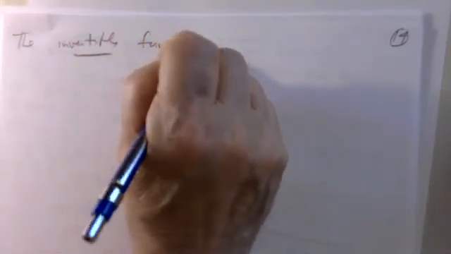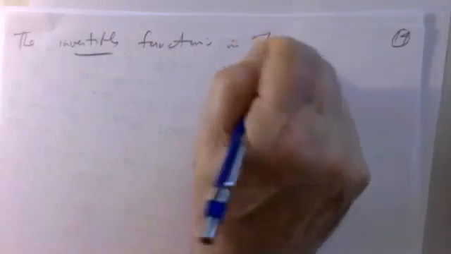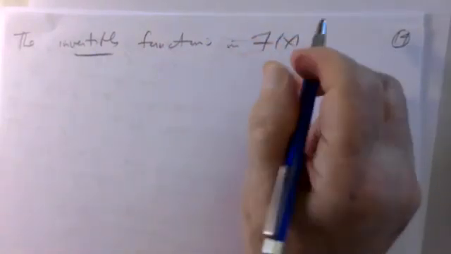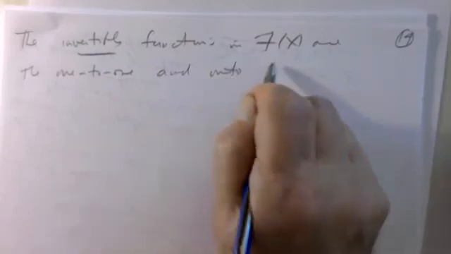So the invertible functions in F of X are the 1 to 1 and onto functions.